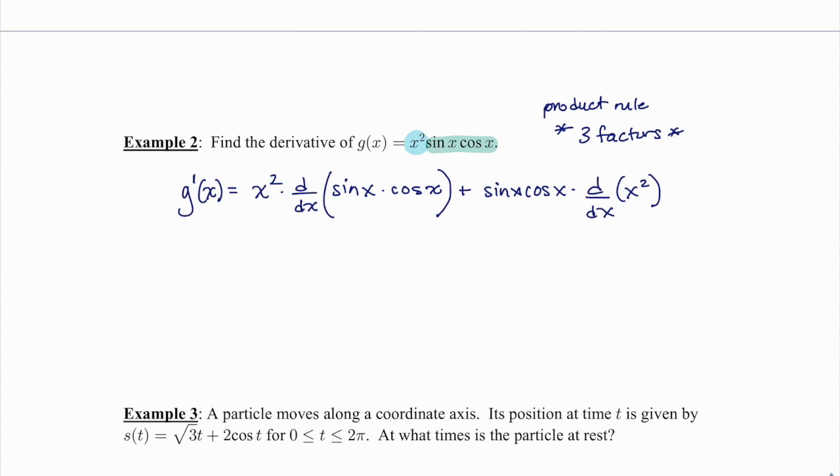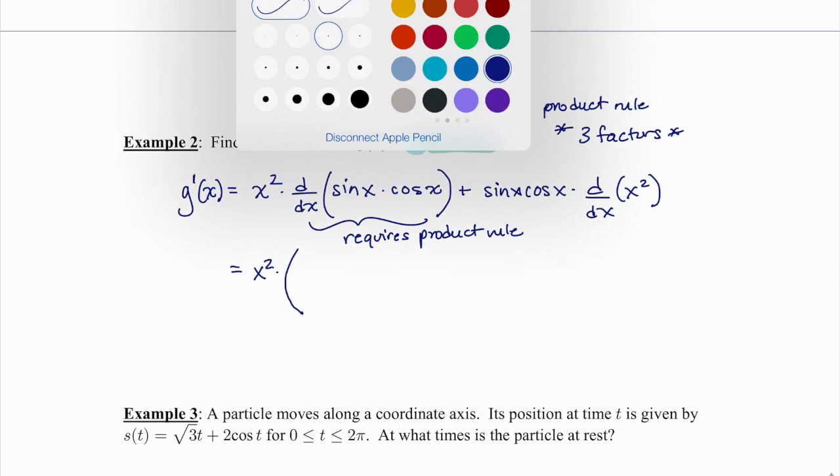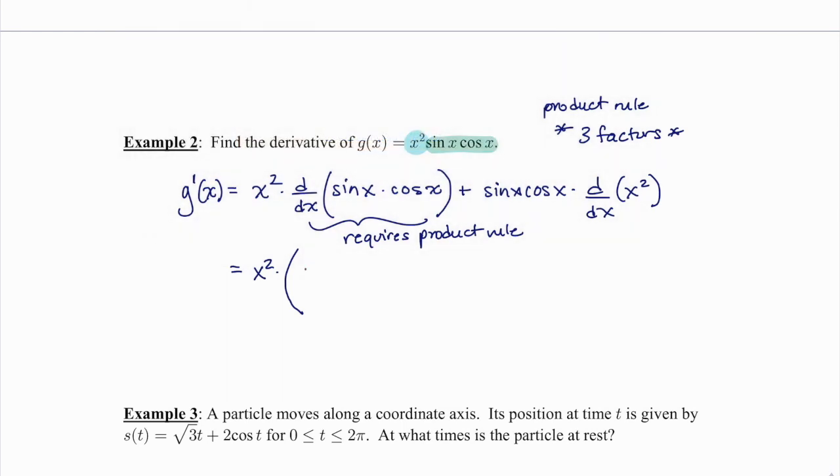So I've got this plan sketched out. The derivative of sine x cosine x will also involve the product rule. So we will have x squared times, and then we'll do the product rule again inside here. So we would say the first times the derivative of the second, which will now be the derivative of cosine.